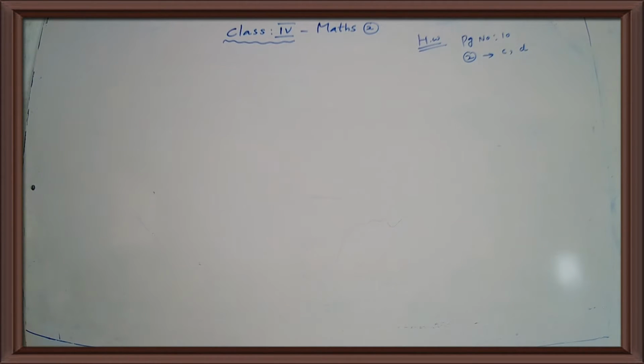Yes or no, children? So already in exercise 1.1, the first question is finished. Once your question answer is finished, you draw one line using your scale. Now you start the next question. Okay, children. Continue the classwork.